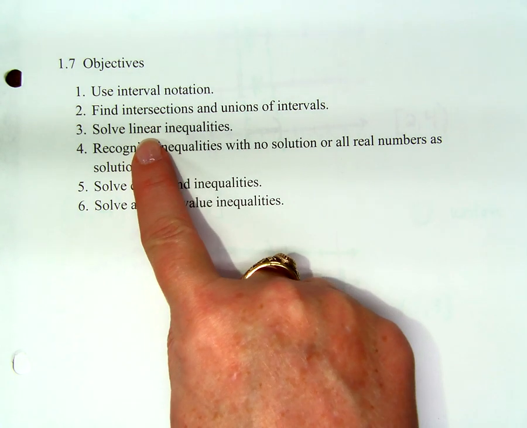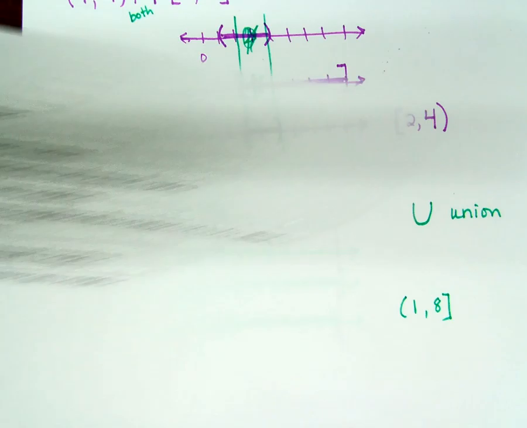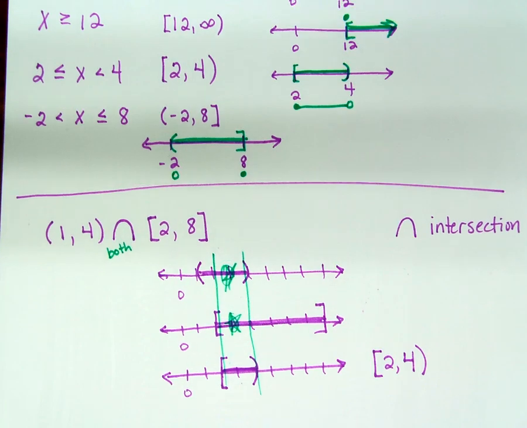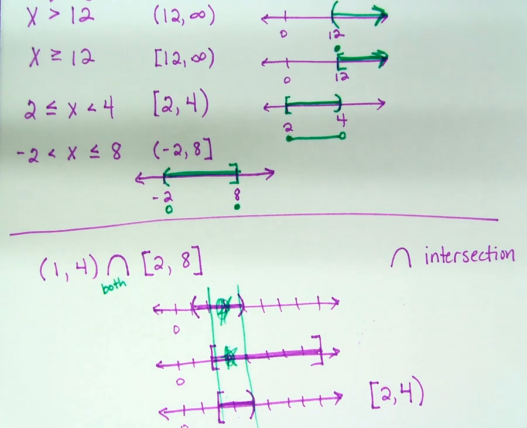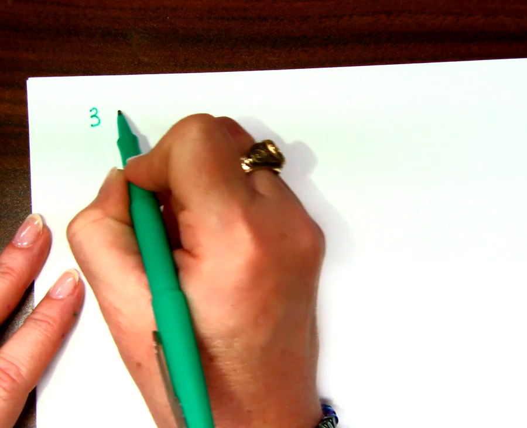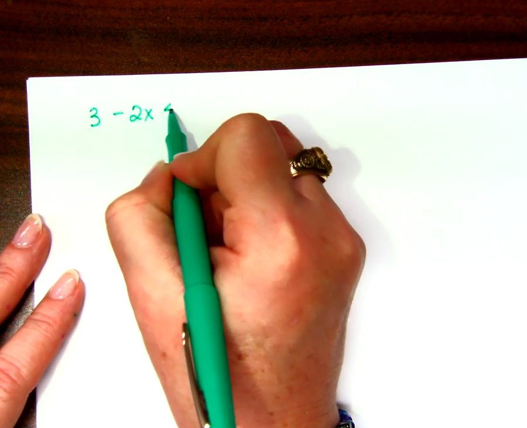Now we get to do fun stuff like linear inequalities. Ooh. This is not difficult because we've been doing it for a while now. Okay? So let me give you a couple examples just so we can talk about it. 3 minus 2x is less than or equal to 11.